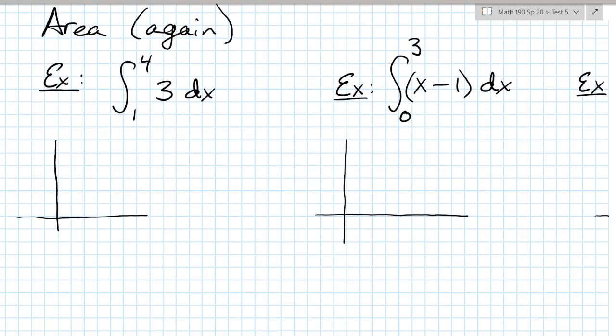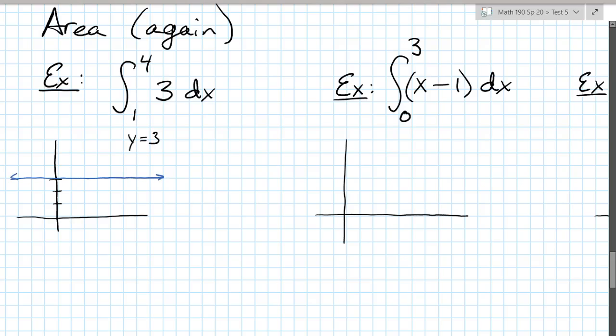So our function that we're looking at is y equals 3, and let's sketch that graph. Y equals 3 looks like a horizontal line, and our limits of integration are from 1 to 4.